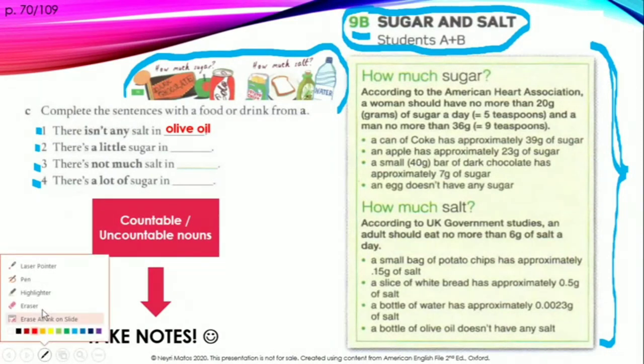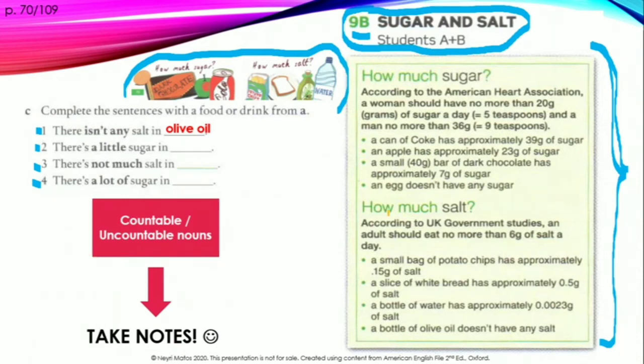You can see here in the text, right, that in olive oil, we don't have salt. So there isn't any salt in olive oil. You can see here, right? A bottle of olive oil doesn't have any salt, right? So that means 0. So you can say there isn't any salt, right?